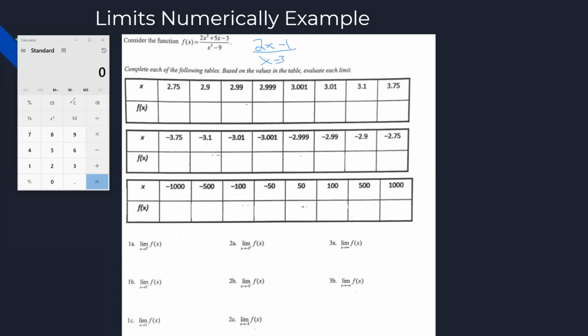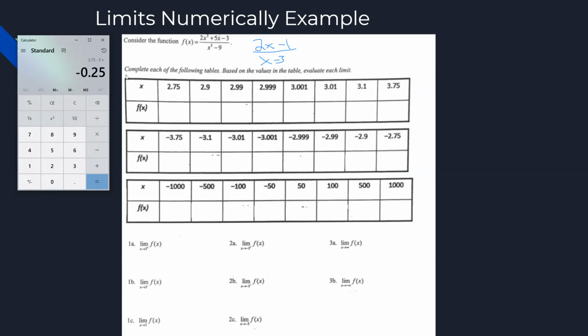All right, so two times 2.75 minus 1, so 4.5, divided by 2.75 minus 3.